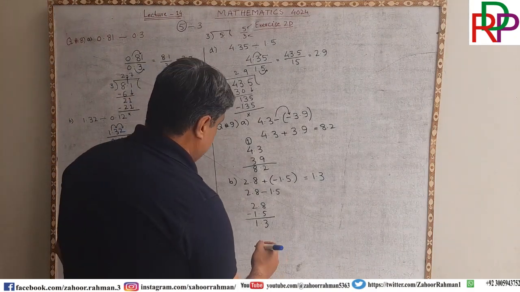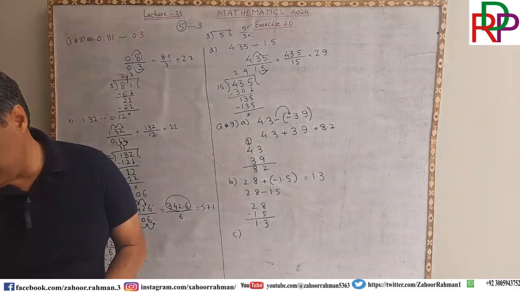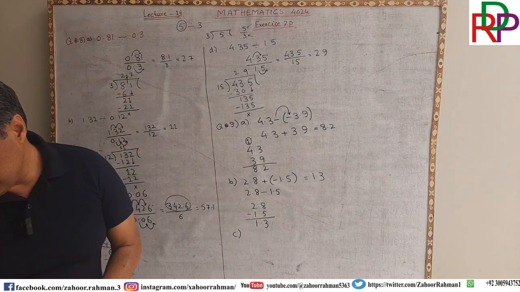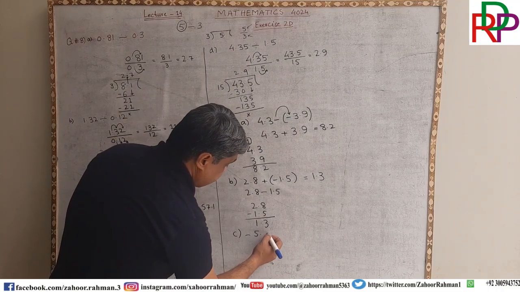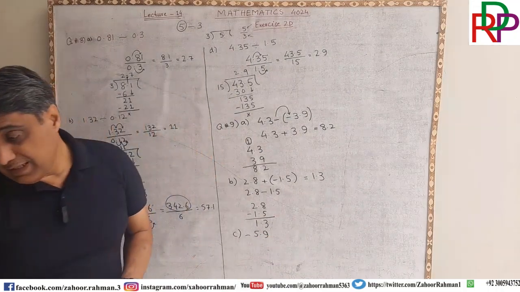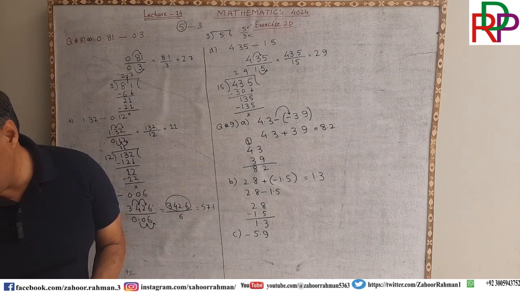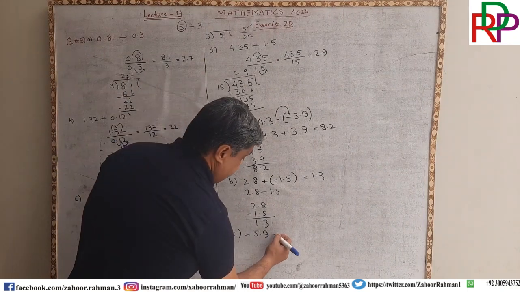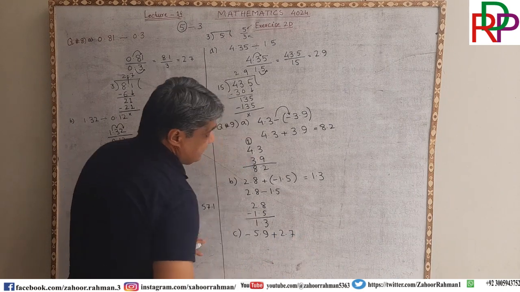Now we are going to the C part, and the C part is saying minus 5.9 plus 2.7.